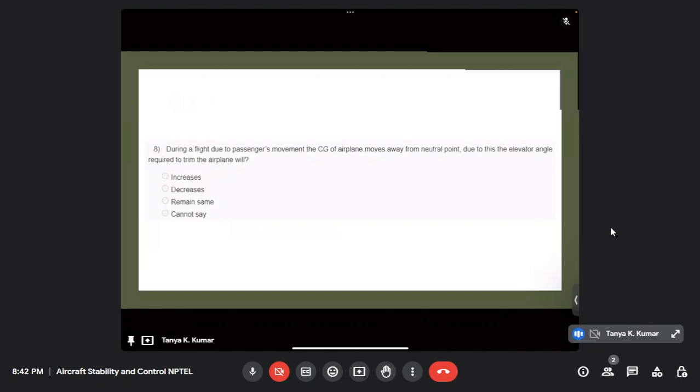Just take the Cm delta E equation and see if it depends upon the Cg somewhere.